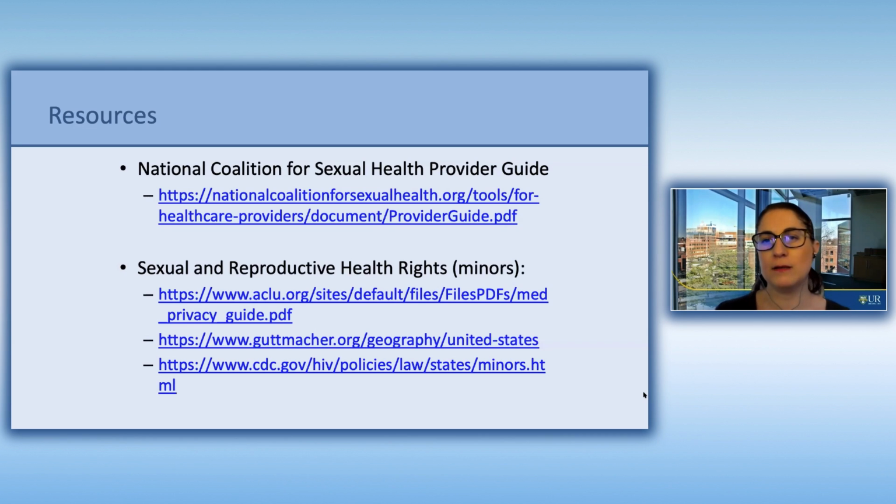It just seems to take language into account and is a more modern approach, I would say. Here are several resources for sexual and reproductive health rights for minors. The ACLU, like I mentioned, Guttmacher is a really nice one, specifically talking about abortion rights in the various states. And as always, the CDC.